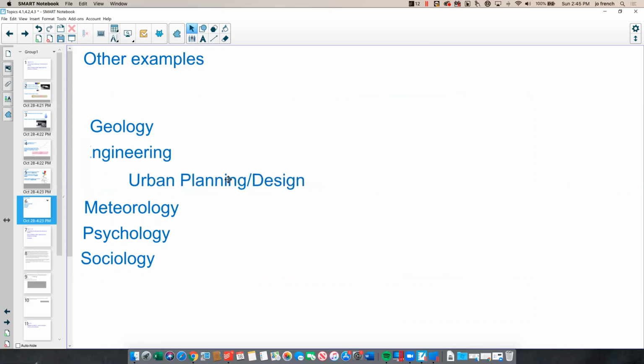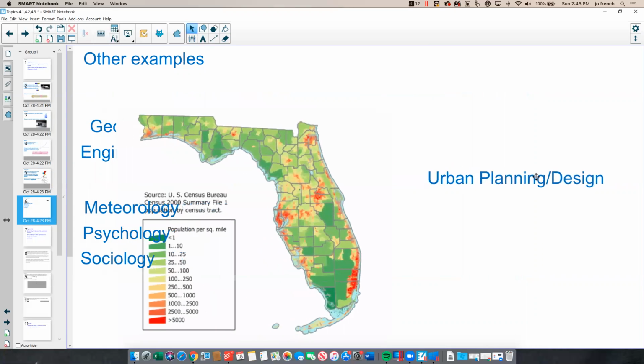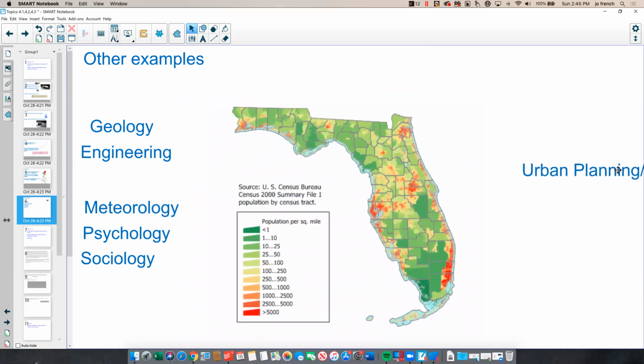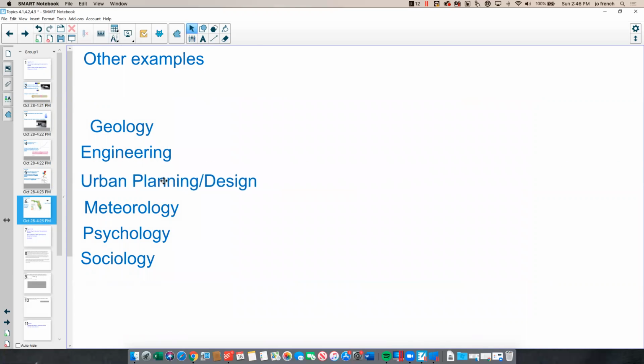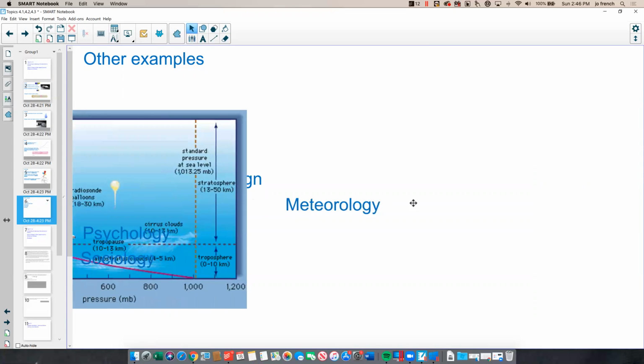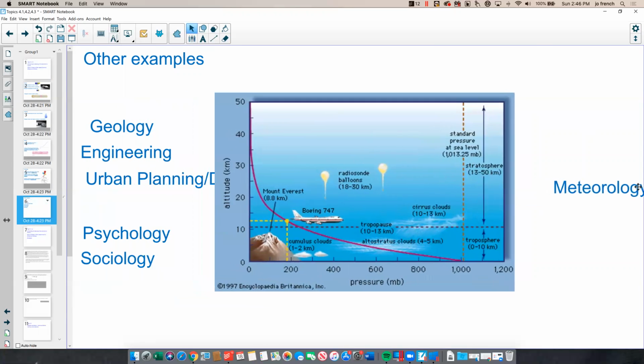In urban planning and design, knowing how populations change as we move across a state or across land, the density, people per square mile, there's a rate for you. Meteorology, weather. Well, air pressure.